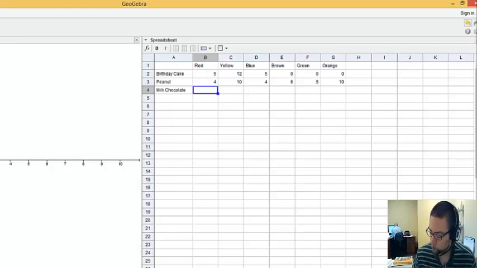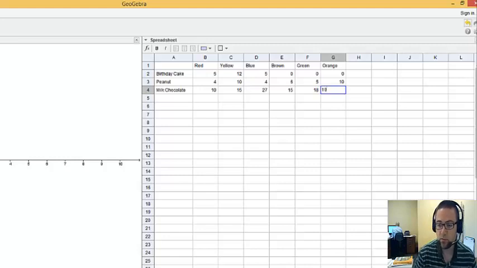So this had 10 red, 15 yellow, 27 blue, 15 brown. Too much. Okay, so those are all the joint frequencies in those packs.